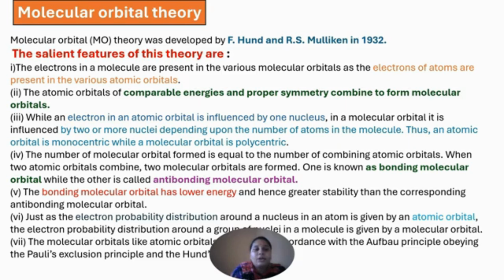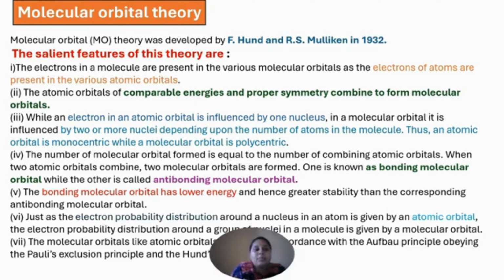The number of molecular orbitals formed is equal to the number of combining atomic orbitals. So when 2 atomic orbitals combine, 2 molecular orbitals are formed. One is known as the bonding molecular orbital, while the other is called the antibonding molecular orbital. The bonding molecular orbital has lower energy and greater stability than the corresponding antibonding molecular orbital.